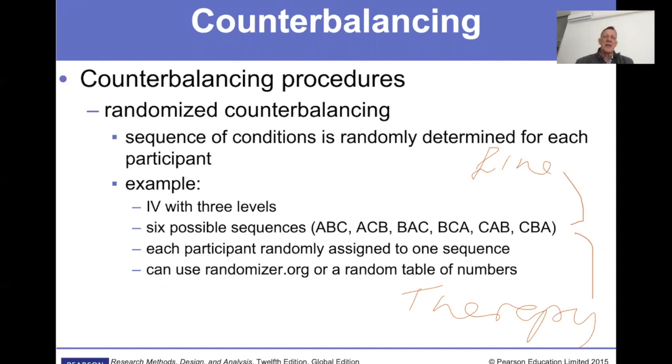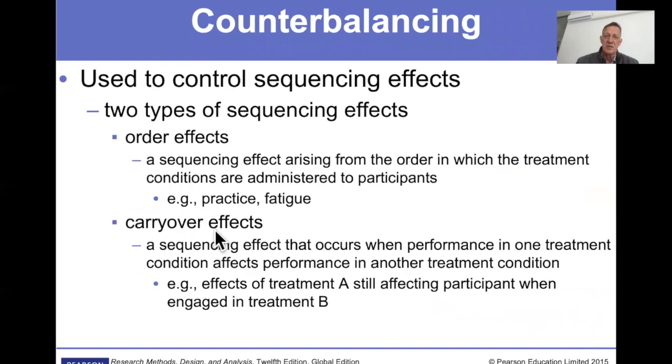Now, counterbalancing procedures can be divided into a number of types. The first one is randomized counterbalancing. The sequence of conditions is randomly determined for each participant. If I have an independent variable with 3 levels, as we have in our 2 examples, there are 6 possible sequences. Can you see?